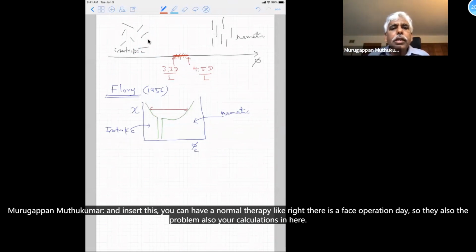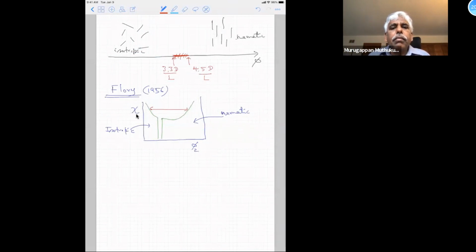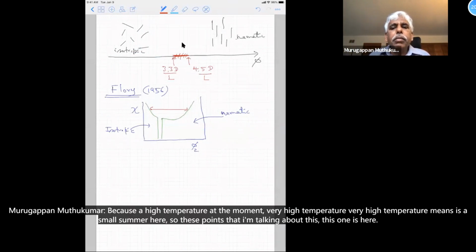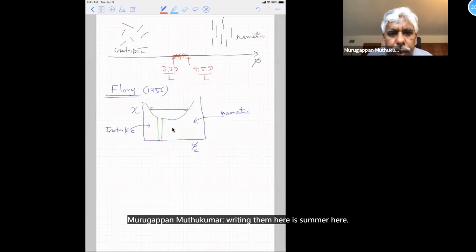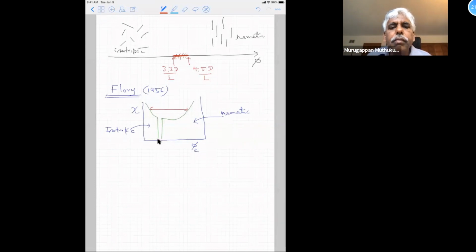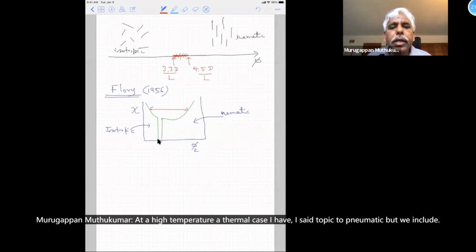So the Onsager calculations are in here, because athermal means very high temperature. Very high temperature means chi is small, somewhere here. So the point that I'm writing down here is somewhere here. At a high temperature, athermal case, I have isotropic to nematic.